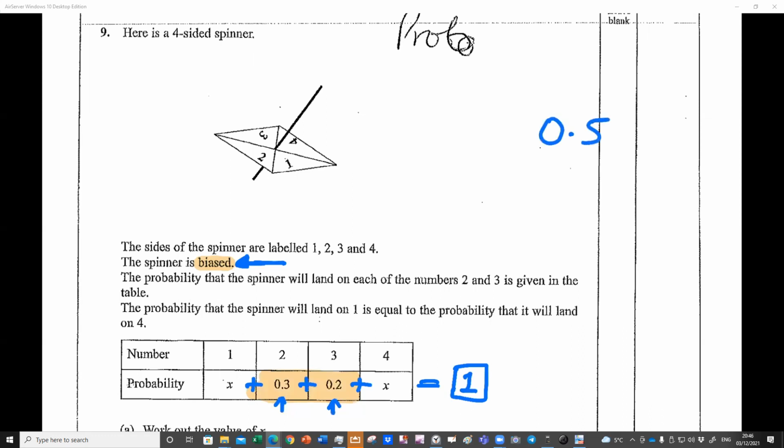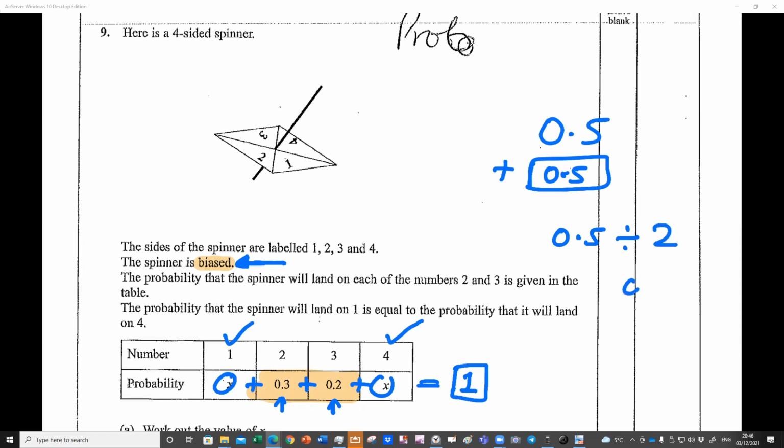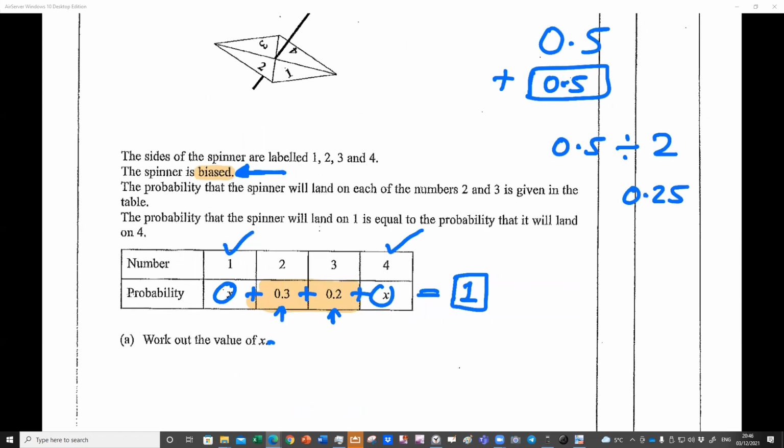So how much do you have left from your 1 whole? 0.5 is left over. And that 0.5 is worth this one and that one, and they are equal to each other. So what do we do to the 0.5? Divide by 2. Which gives us? 0.25.